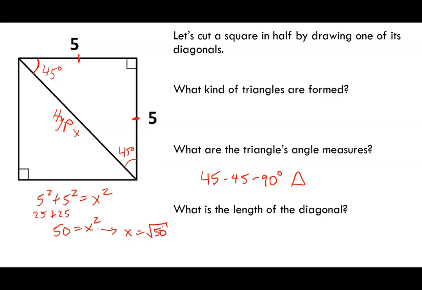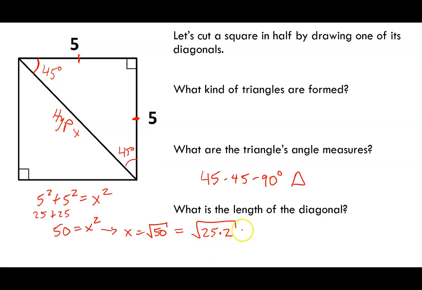Now, we could leave it there, but I want you to simplify your roots in this chapter. So let's try to think of a way we can simplify the square root of 50. Usually, when you simplify a square root, you want to break your number up into two numbers that multiply together, but you want one of those numbers to be easily square rootable so you can pull it out of the square root. Well, 50 has a nice square as a part of it, because 50 can be broken up as 25 times 2.